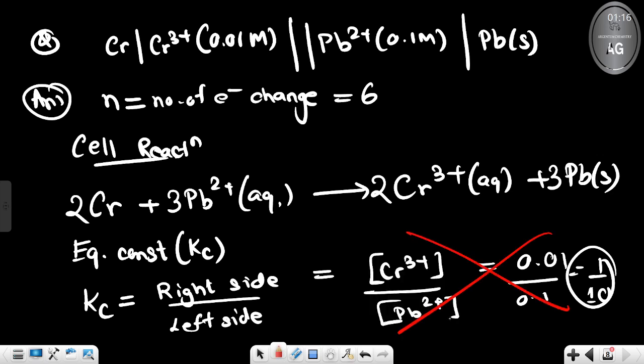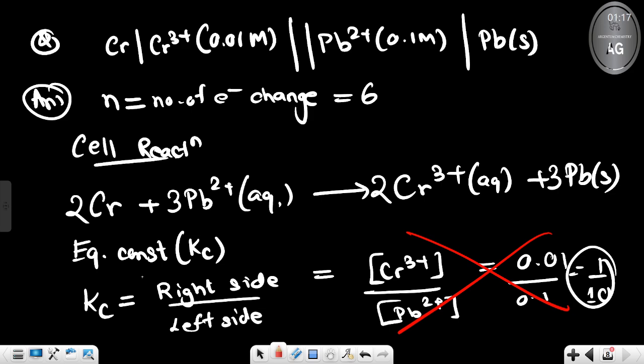This is wrong. Clear? These are the mistakes that we make in the exam. Why is it wrong? According to the law of mass action, class 11, you have to remember a little bit here. You have learned that to write the equilibrium constant, you have to mention the coefficient as the power. The coefficient in the reaction will be raised to that power, right?